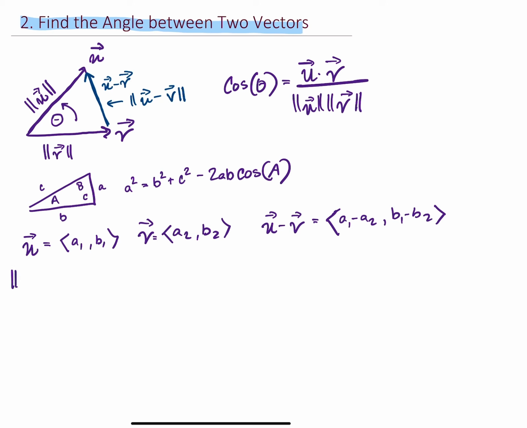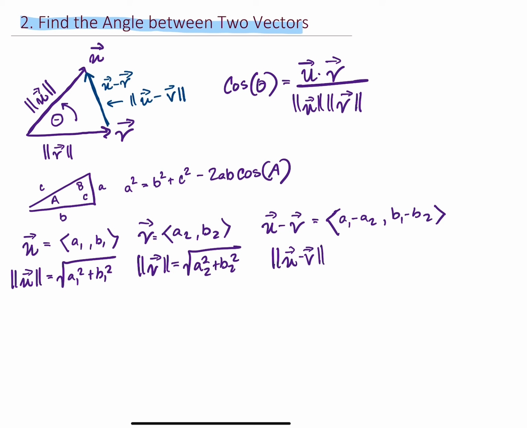We can say the magnitude of u will be the square root of a1 squared plus b1 squared. The magnitude of v would be the square root of a2 squared plus b2 squared. And then the magnitude of u minus v would be the square root of a1 minus a2 squared plus b1 minus b2 squared.